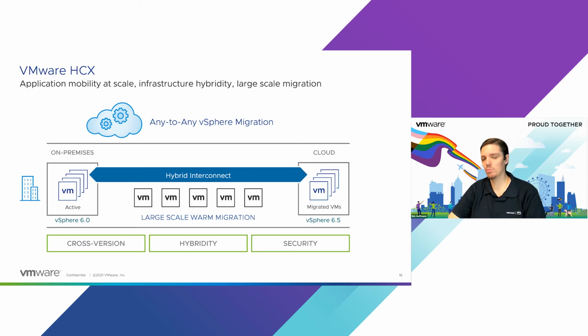Obviously, you can also do bulk migrations and cold migrations into the cloud. The easiest way for our customers usually is that they are planning ahead. But in the case of an emergency, for example, they can move live VMs from on-premises into the cloud, or back on-premises if needed. So that's also an option.